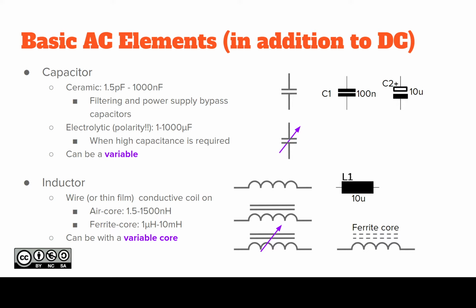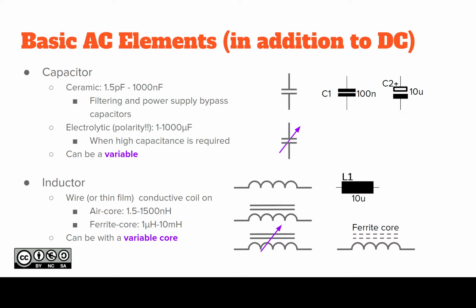Thinking of the range of the capacitors, pico is 10 to minus 15, microfarad is 10 to minus 6. So the capacitor sizes range from 10 to minus 15 to 10 to minus 3 or something like that. So it's 12 decades of different value capacitors for different uses.